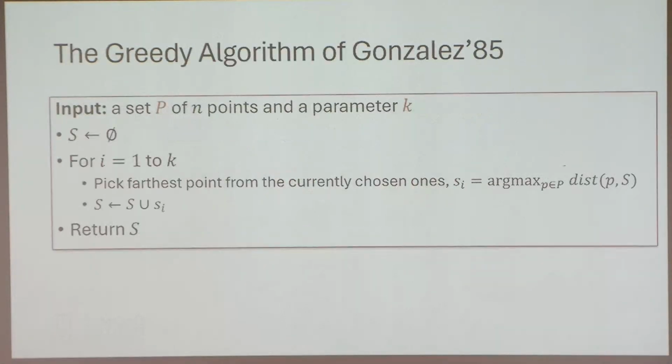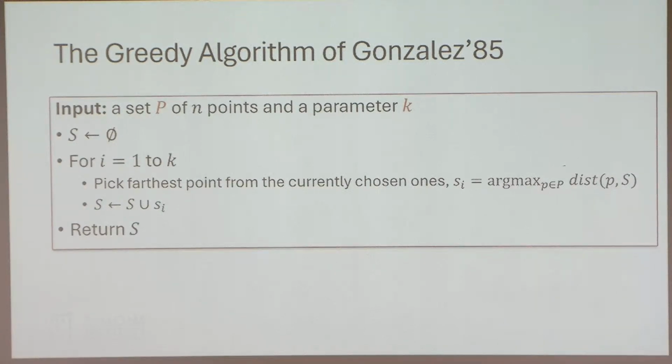And what is the greedy algorithm? It starts again with an arbitrary point, and for k iterations, it adds the point whose distance to the currently picked points is maximized. It's called the algorithm of Gonzalez from '85. And again, similar arguments show that this also gives a constant factor approximation, but now for the k-center problem.